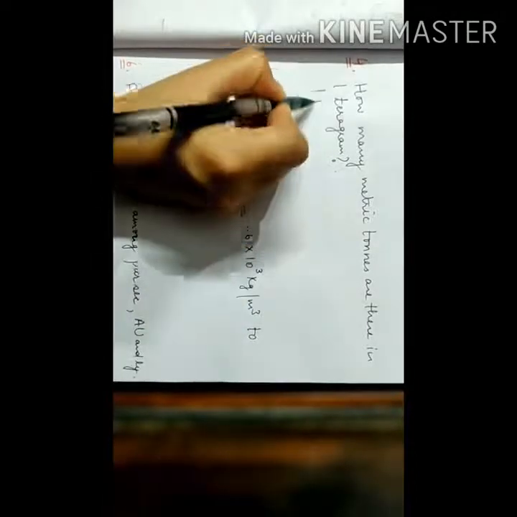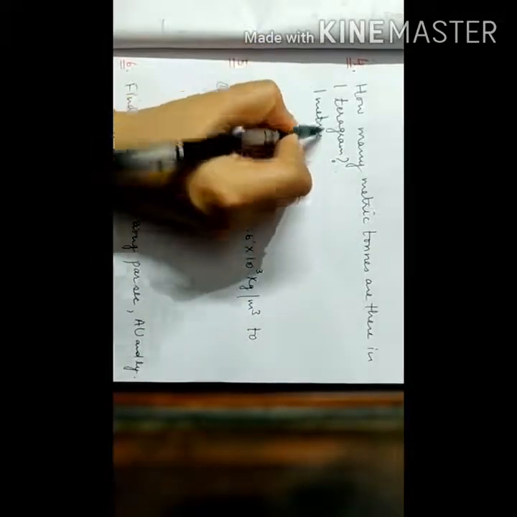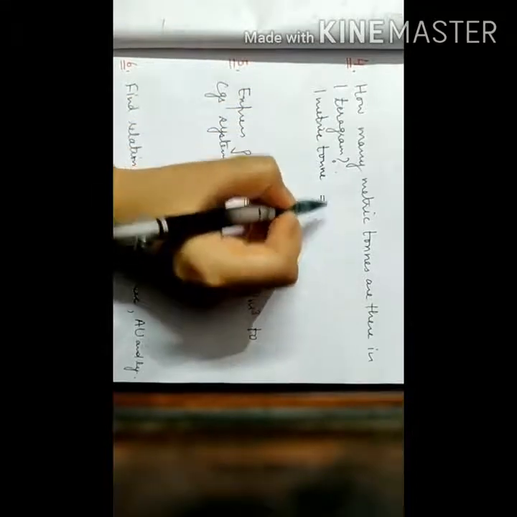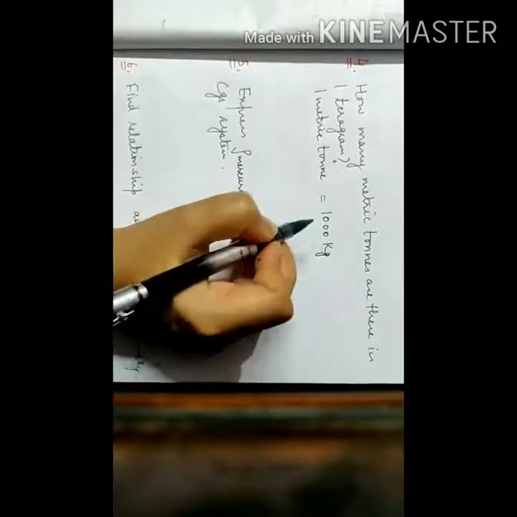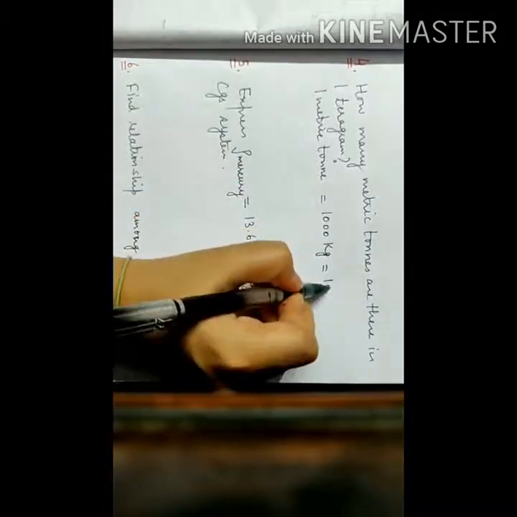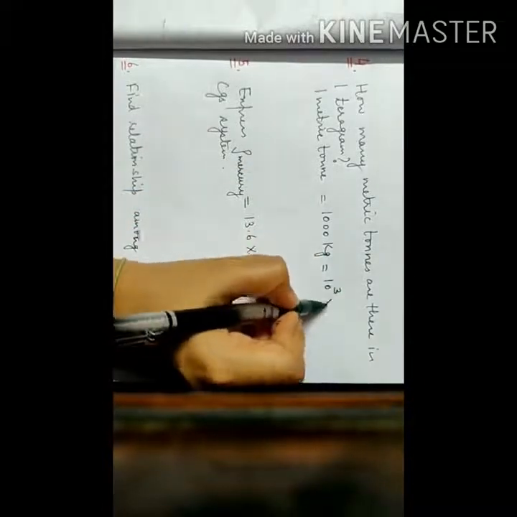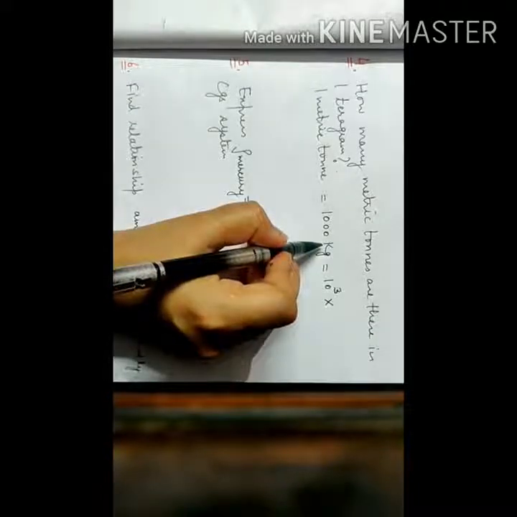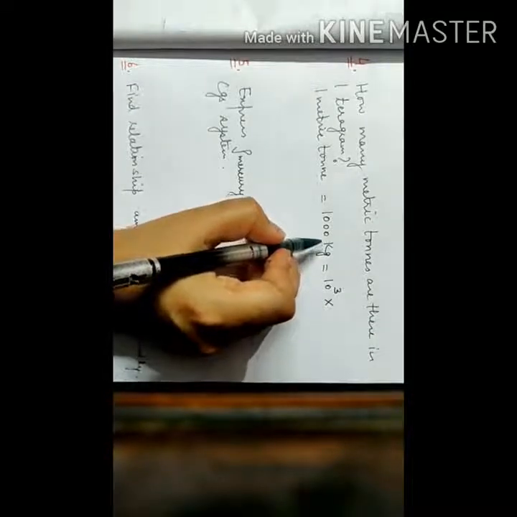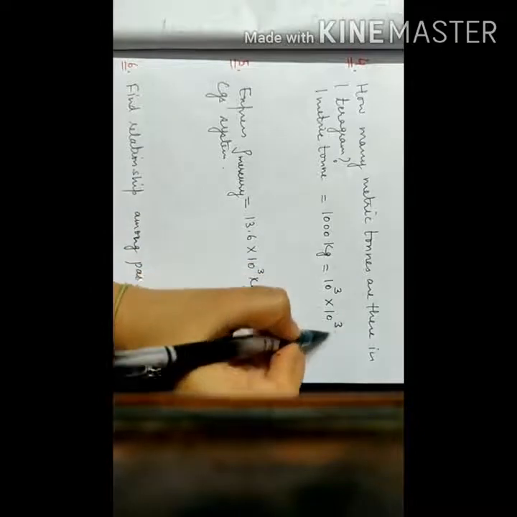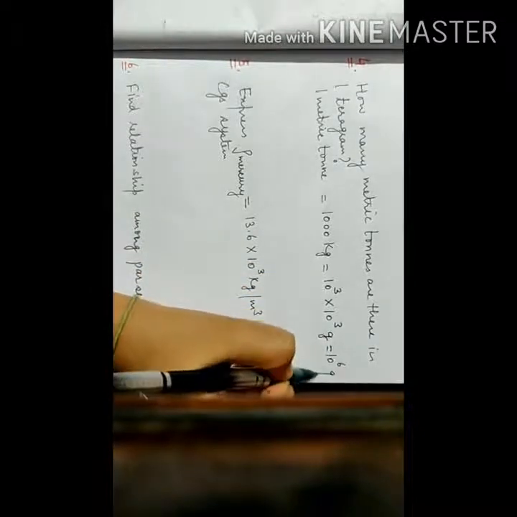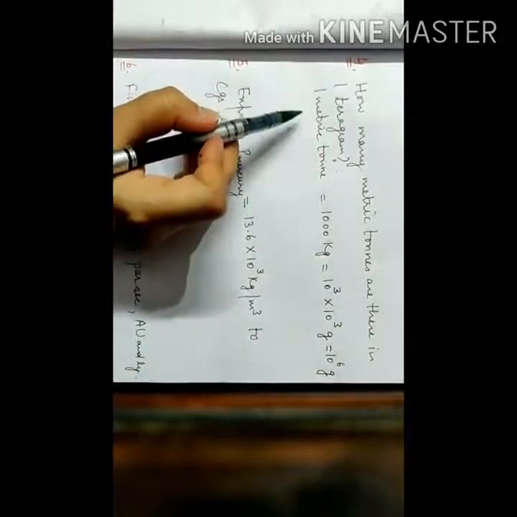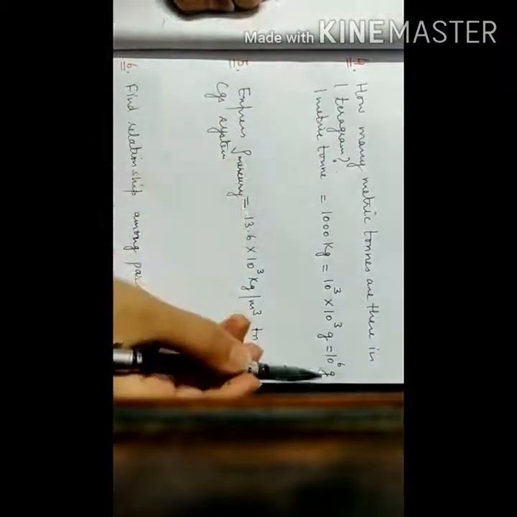First of all, 1 metric ton. 1 metric ton means 1000 kg, and 1000 means 10 to the power 3, and k means kilo. In the prefix table kilo meant 10 to the power 3 gram. So it is equal to 10 to the power 6 gram. Meaning 1 metric ton is equal to 10 to the power 6 gram.